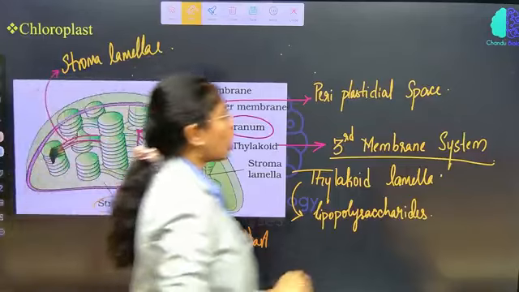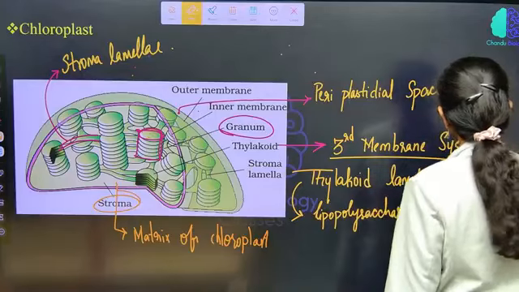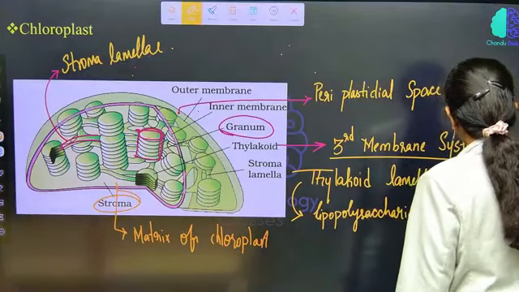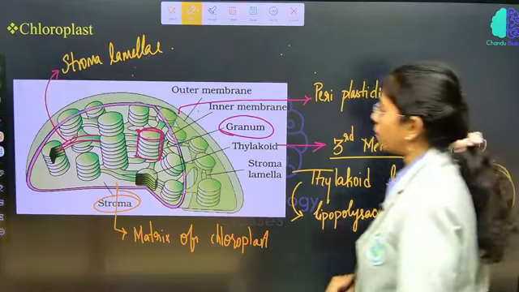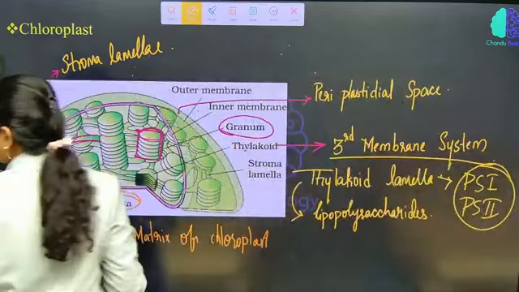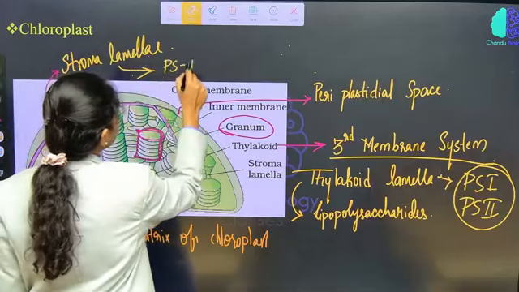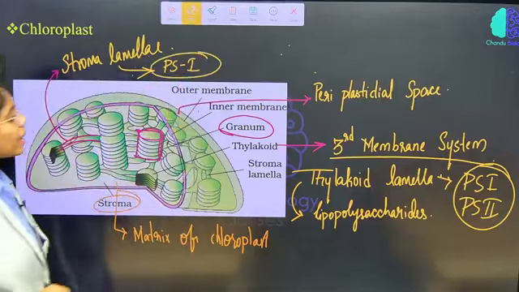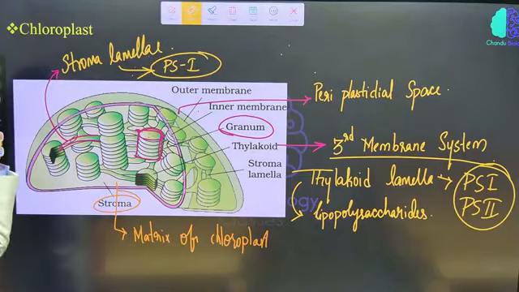The thylakoid lamellae or thylakoid membrane will have two photosystems, photosystem 1 and photosystem 2. They are synthesized from chloroplast DNA itself, whereas stroma lamellae will have only one photosystem, that is PS1. Clear, right? So this is about grana, stroma lamellae, thylakoid lamellae.